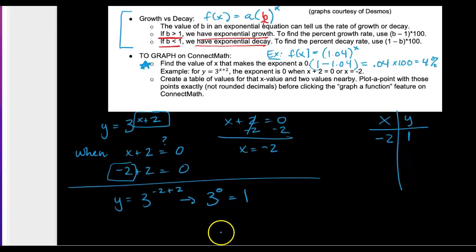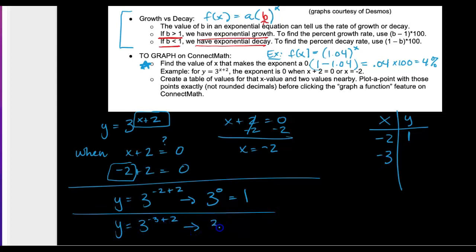Then we can pick a couple values nearby, one on either side. Maybe I pick x equals negative 3. So y equals 3 to the negative 3 plus 2, which ends up being 3 to the negative 1 power. That is 1/3. If you get the decimal, it's 0.3 repeating.